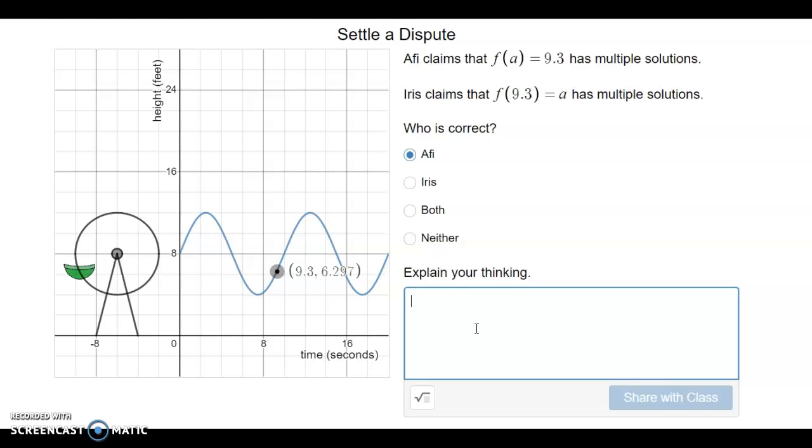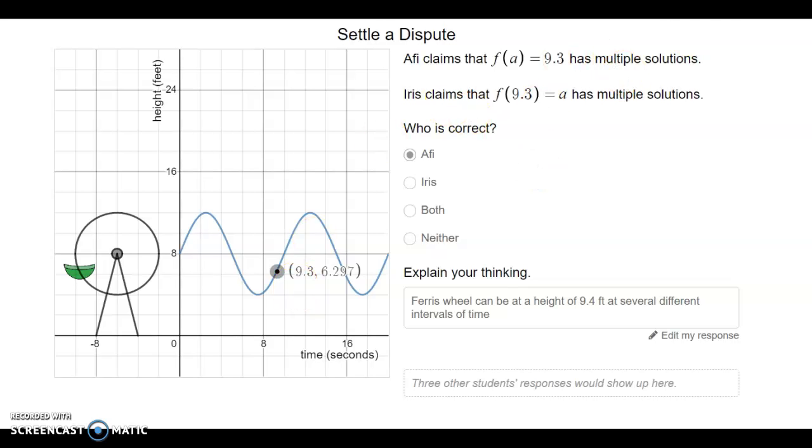So you can explain your reasoning saying the Ferris wheel can be at a height of 9.3 feet at several different intervals of time. Okay. Make sure you share with class again.